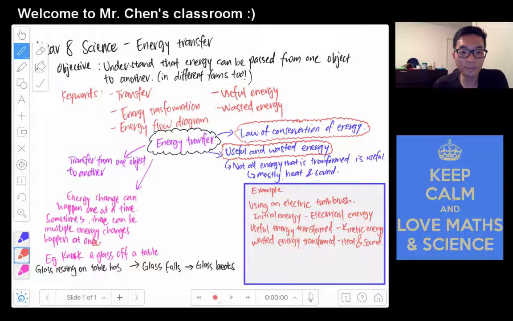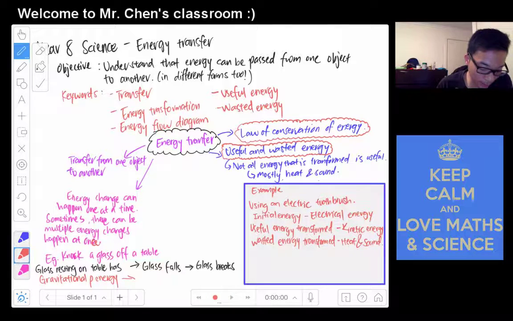It first begins with a glass resting on the table, which has gravitational potential energy to begin with. I ran out of space, so you might need to leave a bit more space compared to mine.